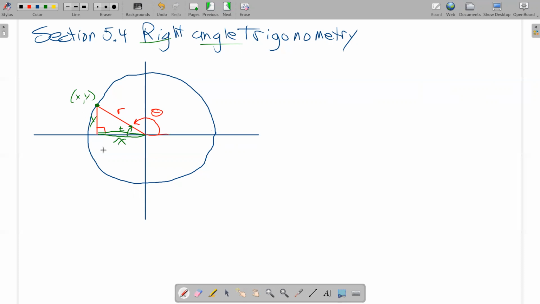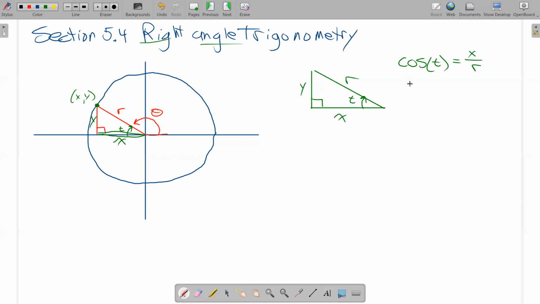And we know that in that triangle there, let's just redraw that out here. Angle is T this time. That is right, that is Y, that is X, that is R. We know that based on our trig so far that we have this function called the cosine function that takes that angle and returns a ratio that is the x value divided by the radius.